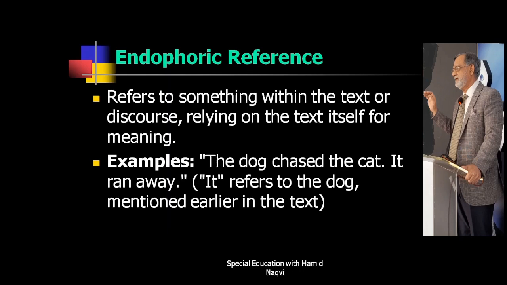Both are very much in the context, and it ran away. It is being referred to cat, which is within the context, within the text, within the conversation or discourse which is going on. So this would be endophoric. Something which is being discussed, that is the dog chased the cat. So when he is referring to the cat, it is it, and it would be endophoric reference.